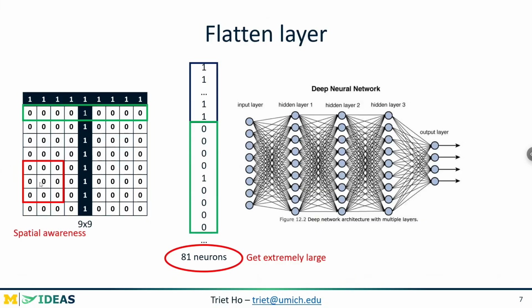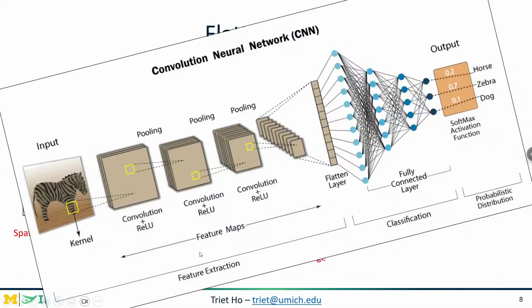You look at the 0 over here, it's surrounded by 0s. So there will likely be more pixels that are surrounded by similar pixels than the other way around. If you count all the 0s here, there will be more 0s that are surrounded by 0s. But when you flatten it out, it doesn't really capture this local spatial awareness. And so to solve this, what we have is convolutional networks.